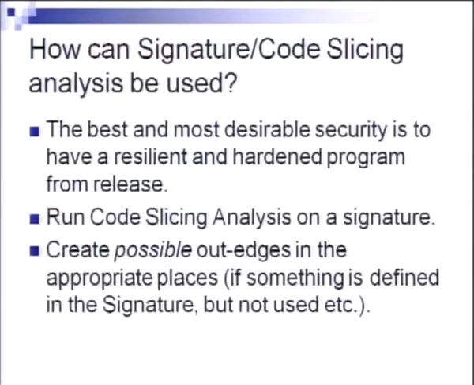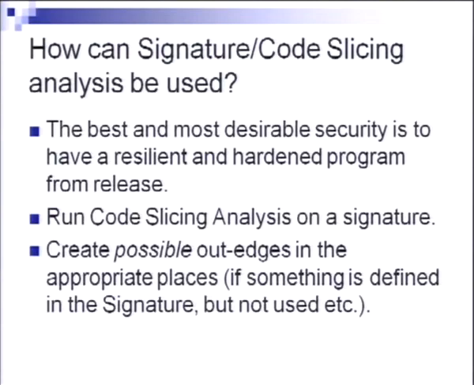The best and most desirable security is to have a resilient program from release, right? A lot of people want this. It's always going to be talked about. Just an important thing to think about. Code slicing can help. Run code slicing on a signature itself, not on the binary, but on the signature.